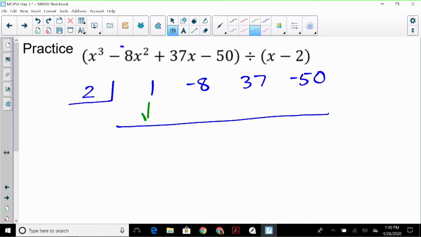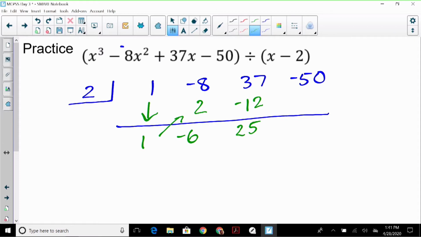Bring the first term down. It's 1. 1 times 2 is 2. So you always multiply and make sure you bring it here. -8 plus 2, -6 times 2, -12. Add these. 37 plus -12 is 25.